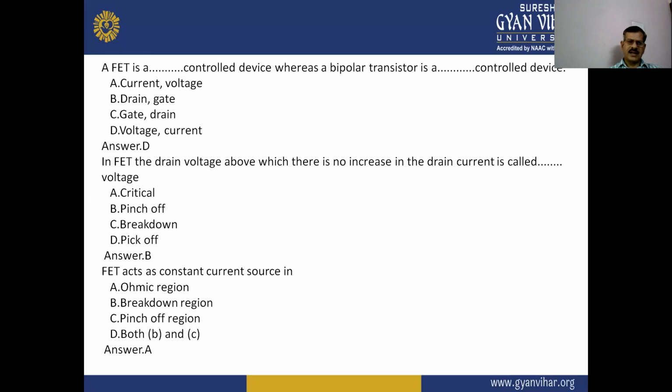Next, a FET acts as a constant current source in: option A, ohmic region, option B, breakdown region, option C, pinch off region, and option D, both B and C. So the correct answer is option A, in the ohmic region, in which the current is a constant source current.